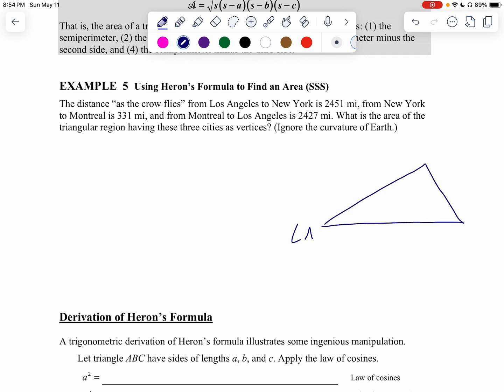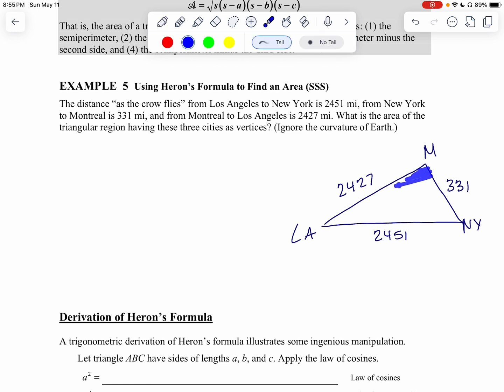We have LA to New York to Montreal. LA is 2,451 miles to New York, 331 miles to Montreal, and 2,427 miles from Montreal back to Los Angeles. And we want to find this entire area that would be encased by 3 airplanes flying simultaneously.